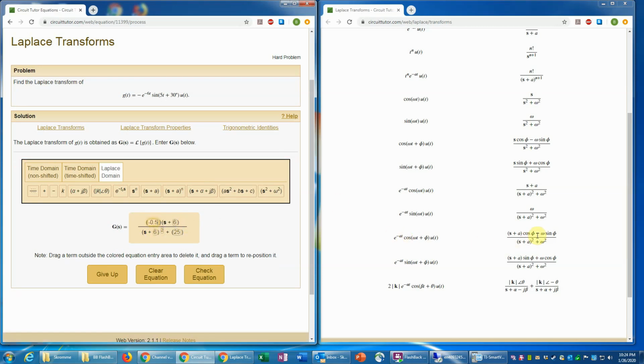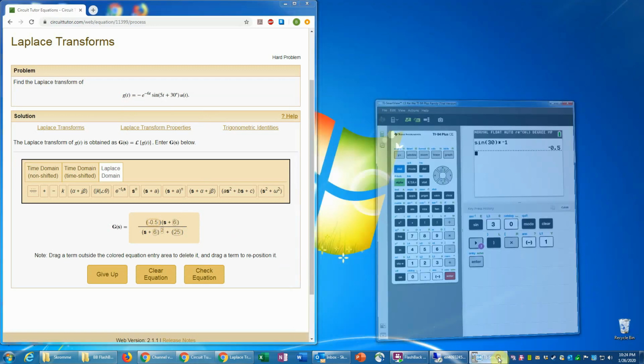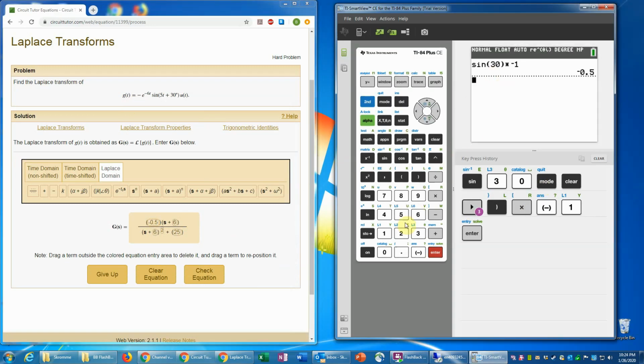And then the second part is going to be plus omega cosine phi. And again, we also have to multiply times the -1. So the cosine of that phi, again, you may know that value, but if not, we can always pull up the calculator here. So cosine of 30, and that's still times -1.